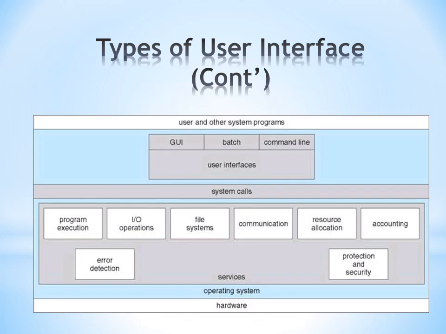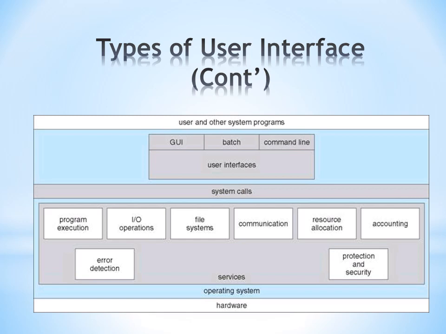So the user interface is basically near to the user and system programs. The user interface is either a graphic user interface, a command interface, a batch, or a command line. This user interface provides the interface for you to request whatever commands you want, which will go into the system call, and this provides the services to the user.